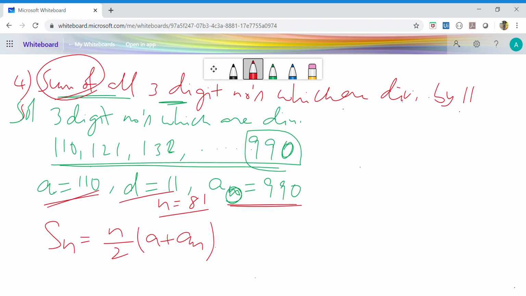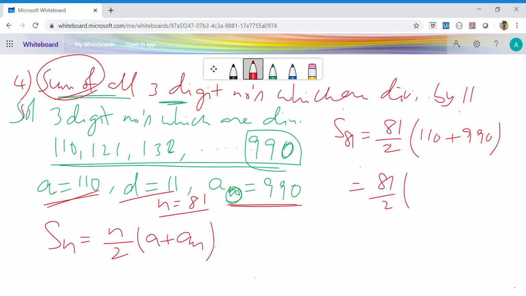So S81 is equal to 81 by 2 of (110 plus 990), which is equal to 81 by 2 of 1100. It will go 2 times, giving 550. 81 into 550 is 44,550.